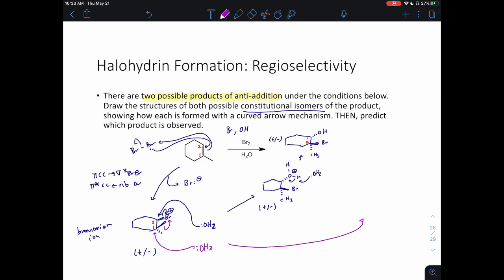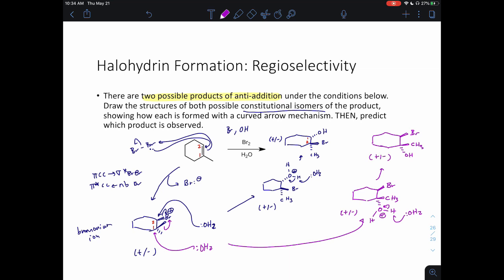Okay, so that would make this intermediate, again as a racemic mixture because it started out as one, again with an anti-relationship between the water and the bromine. So the pKa is about -2, so it gets deprotonated by water. And that would form this product as a racemic mixture.